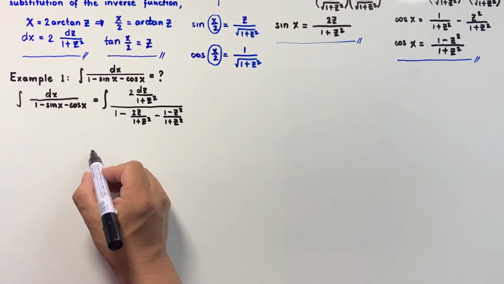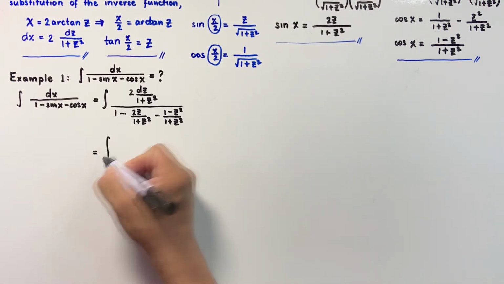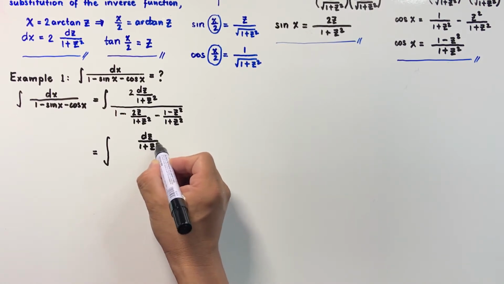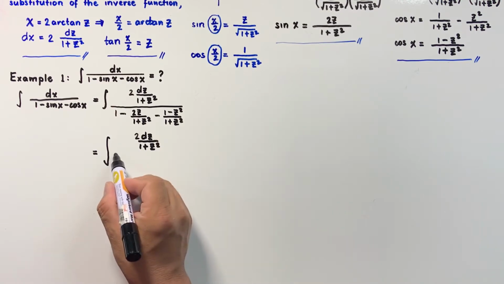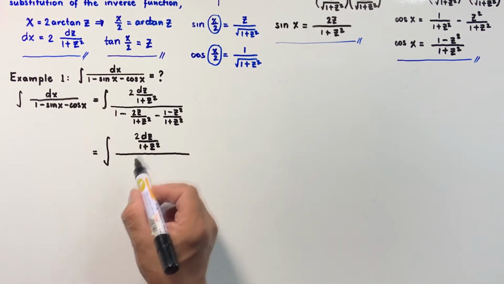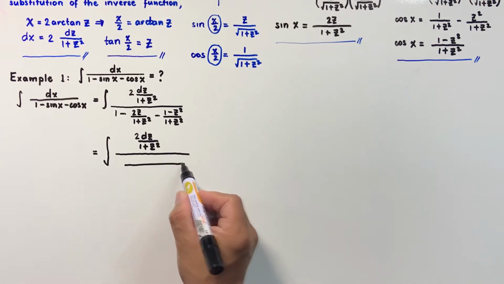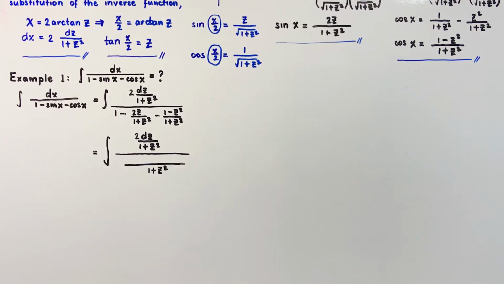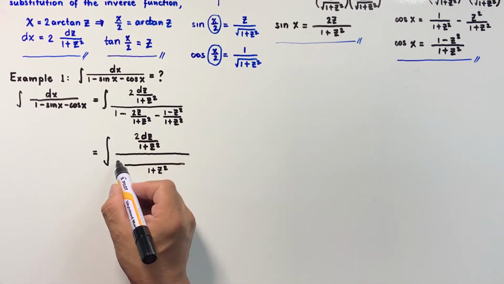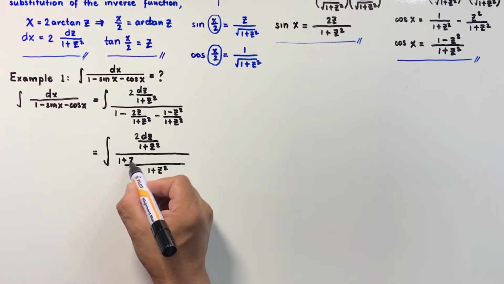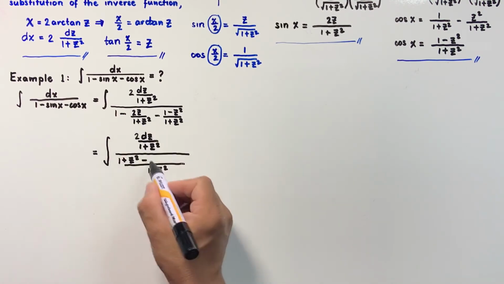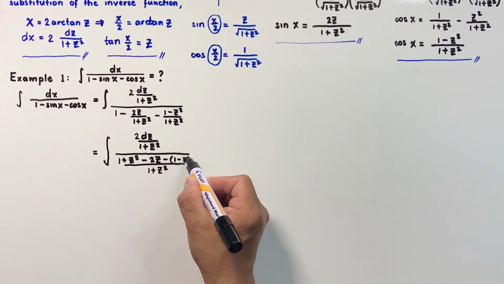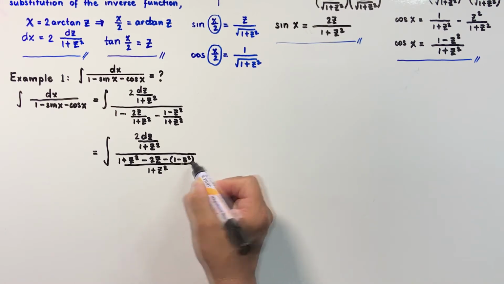And simplifying it further, we have the integral of dz over 1 plus z squared, which is multiplied by 2, will be divided by this trinomial here, but we will combine them into just one fraction with the LCD of 1 plus z squared. So this one becomes 1 plus z squared, and this one becomes 2z minus the quantity of 1 minus the square of z here.